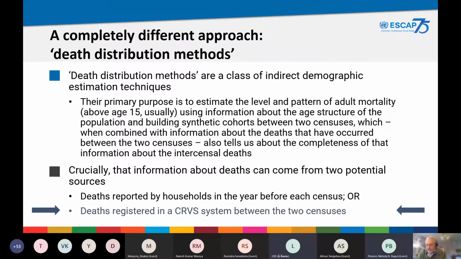But for our purposes, the information about the deaths in the intercensal period, which we're going to use to try and estimate our completeness, can also come from the deaths registered in a civil registration and vital statistics system, registered in that system between the 2 censuses.